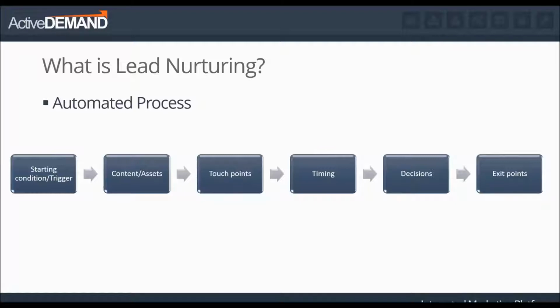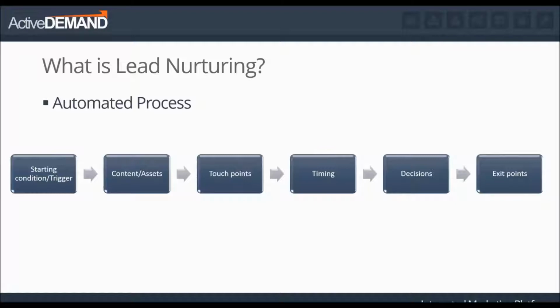There's a set of assets and content that you, the marketer, deliver to the other participant to help them achieve their goals. Typically a nurture campaign has multiple touch points, where you're talking with them as they evolve through their investigation, buying process, or use of your technology.